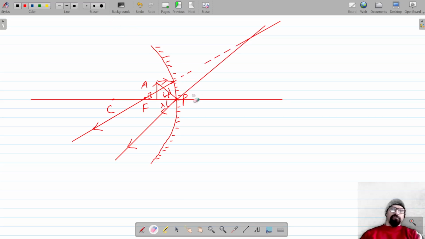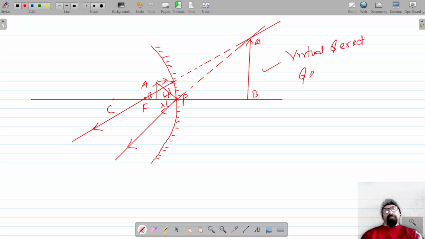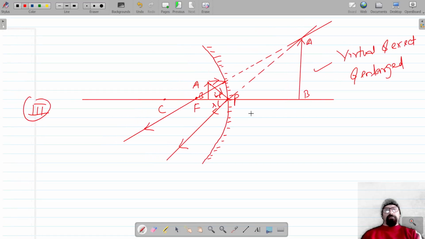So I'm going to draw a dotted line for this and this one also. Here the rays of light are assumed to be intersecting. So this is where the image is formed, and you can see that it's enlarged and erect. So this is virtual, erect and enlarged.